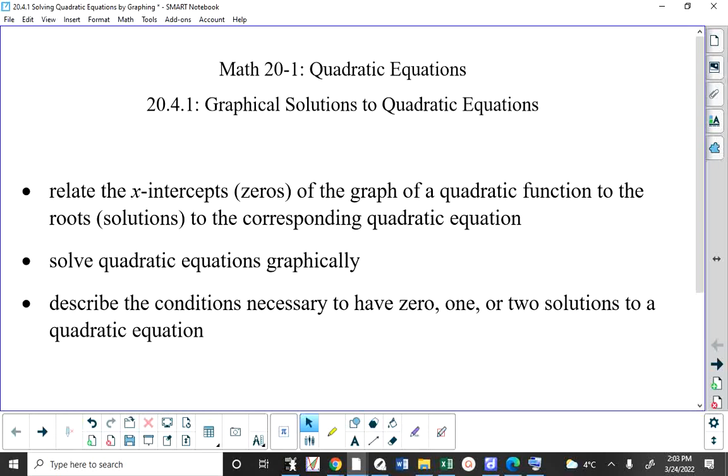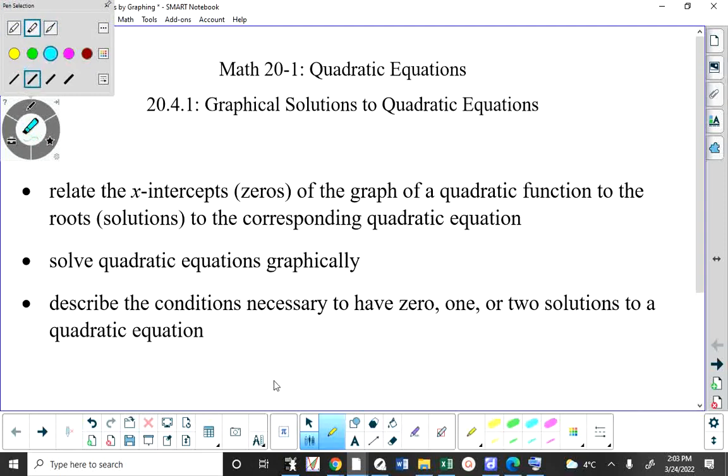So let's pause for a second here. The language is just as important as the algebra and procedure that we're going to be using throughout this unit. When I talk about x-intercepts, I'm talking about a quadratic function. So the word function is basically, you can think of it as graph.